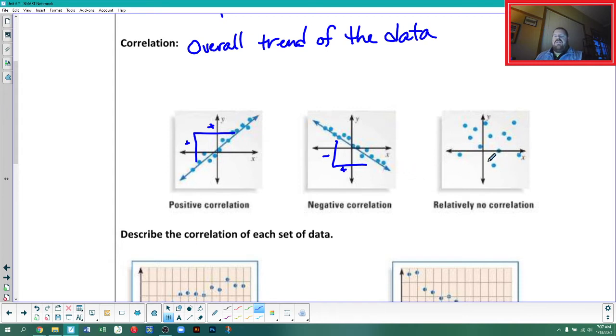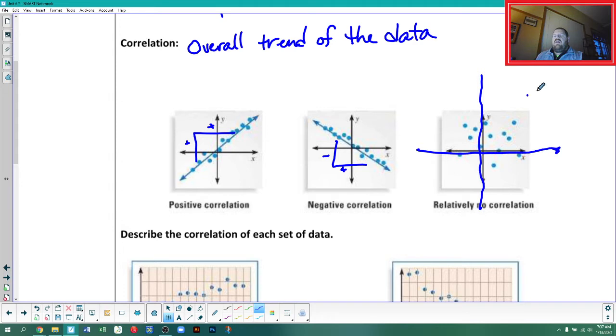And then we have what we consider to be no correlation. Where I took this from considers this to be relatively no correlation because, just in the picture that you have, there doesn't seem to be any overall trend to the data. Now, of course, you could look at this and ask, what would happen if I zoomed way out, if I made this graph a lot bigger and looked at it from a wider point of view?